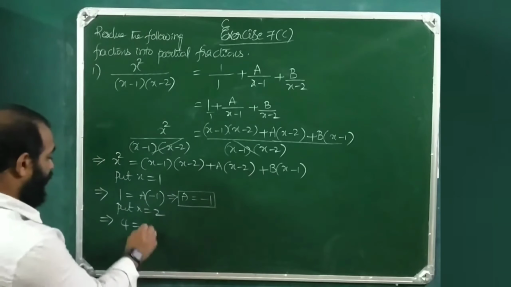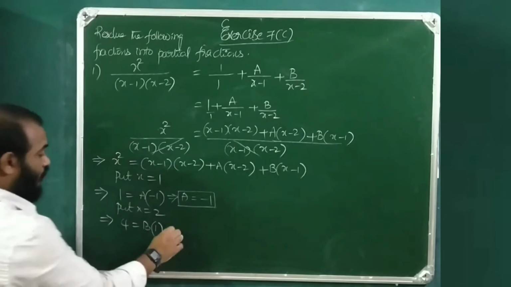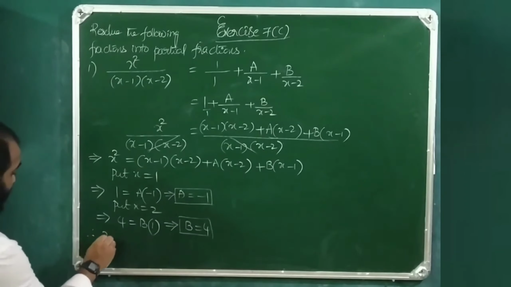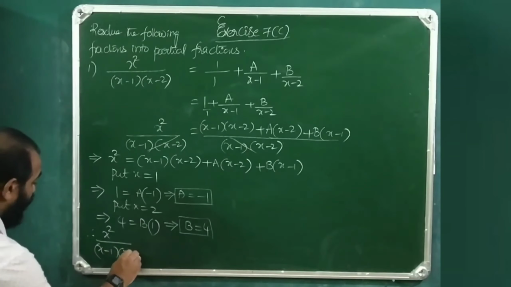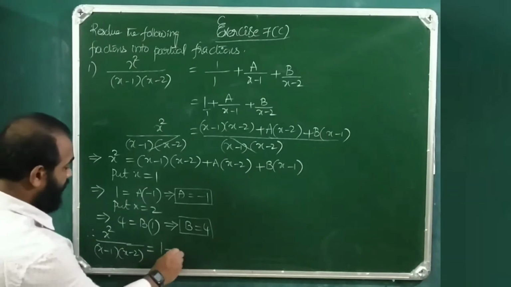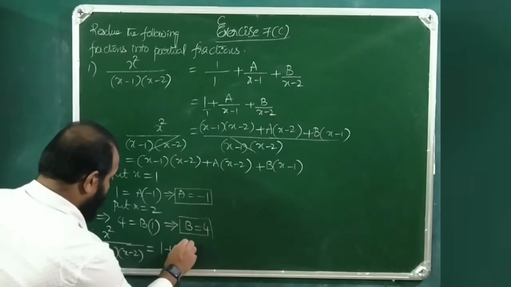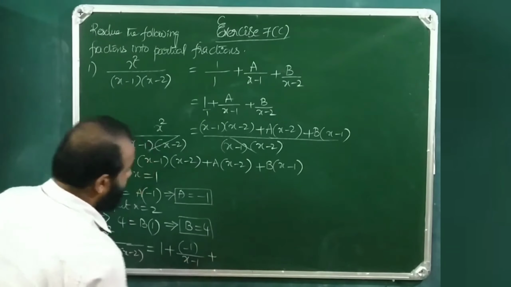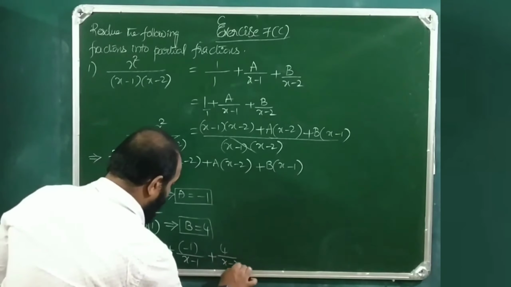So B into (2 minus 1), which is 1. So from this B is equal to 4. So x square by (x minus 1) into (x minus 2) is equal to 1 plus, the value of A is minus 1, so minus 1 by (x minus 1), plus B value is 4 by (x minus 2).